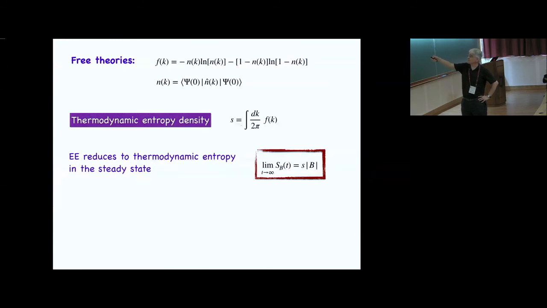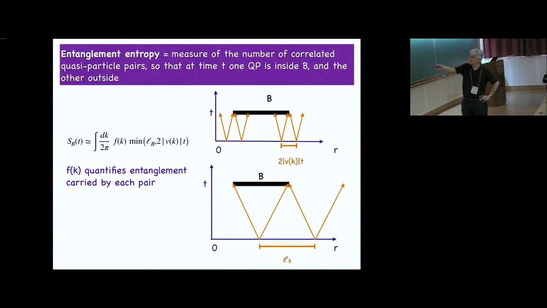This now generalizes. You basically can say what you should put here is some function such that the integral over k of that function reproduces the thermodynamic entropy density of your system at late times.